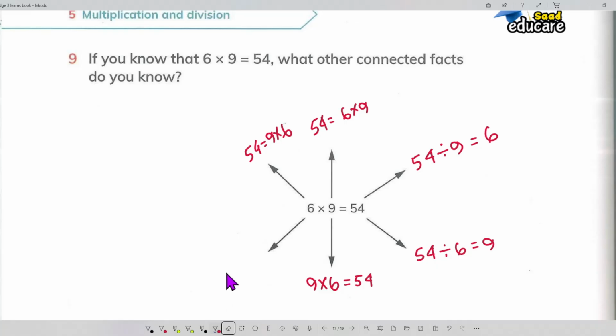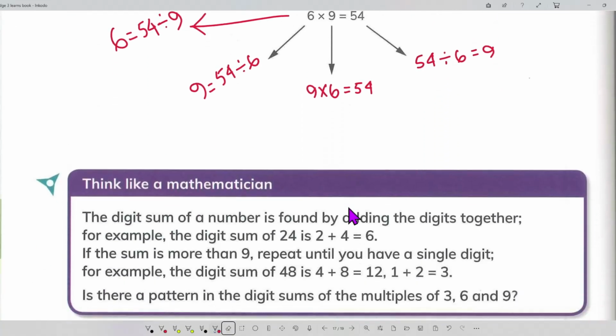And finally we can write 9 equals 54 divided by 6, and 6 equals 54 divided by 9 is the same thing. So if you want, you can make lots of facts, right? So number 9 is done.